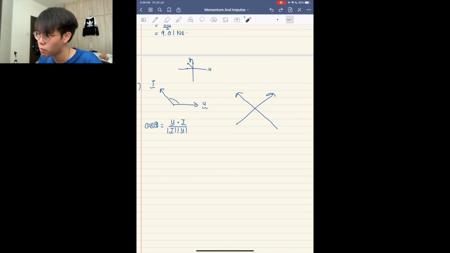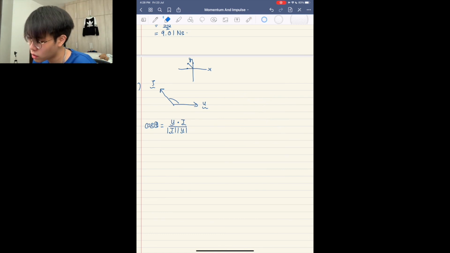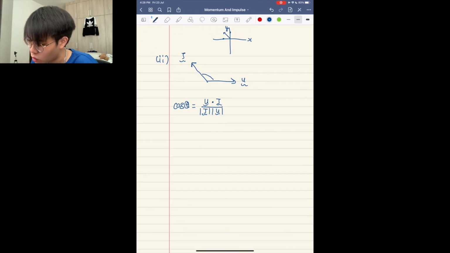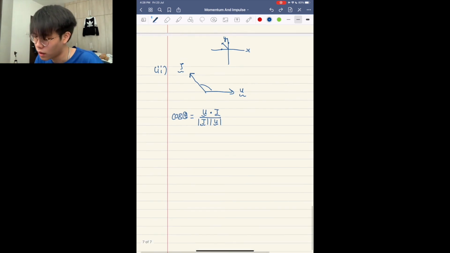So it's really important you don't make this kind of mistake, because some questions might need you to find the other angle, so you might need to use 180 minus the angle that you found. Yeah, it depends on the context and question, but most of them will be in this kind of situation where two of the vectors are going out and you need to find the angle between them.